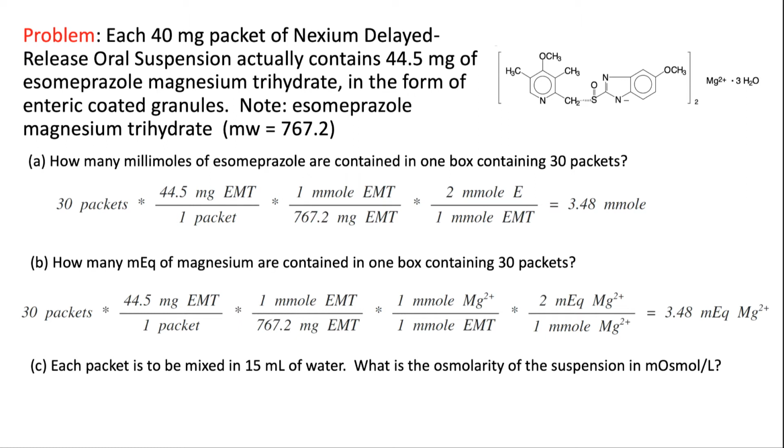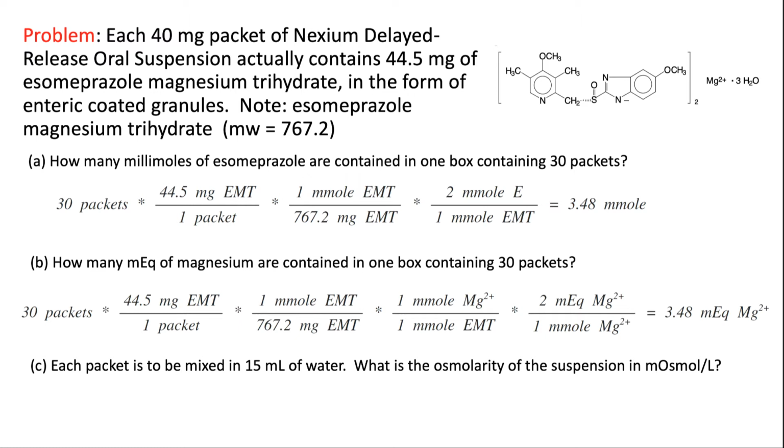Milligrams cancel. We're now in millimoles of EMT. Now we need to convert from the parent molecule to millimoles of just the magnesium ion. If you look at the chemical formula above, there is just 1 magnesium in every 1 esomeprazole magnesium trihydrate. So I put 1 millimole of magnesium on top over 1 millimole of EMT. Millimoles of EMT cancel, and I'm now in just millimoles of magnesium.